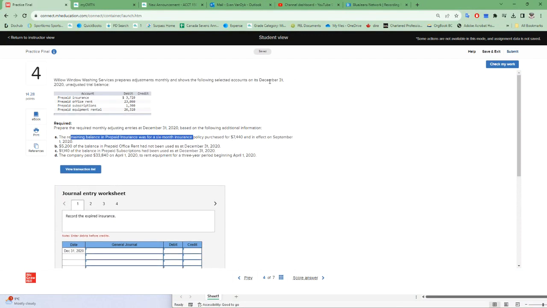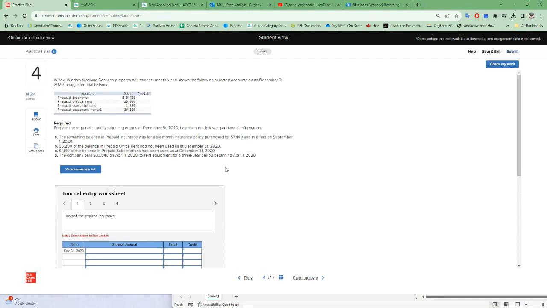So this is on December 31st. Of our prepaid insurance, we had 37,720 here. The reason why this balance is lower is that they've been adjusting this down monthly the entire time.